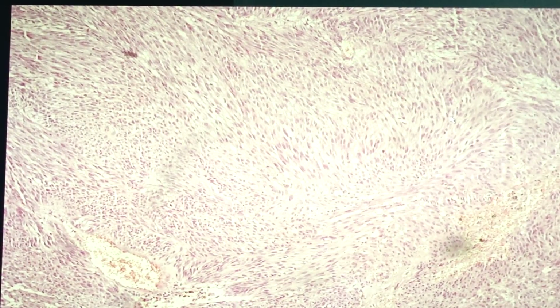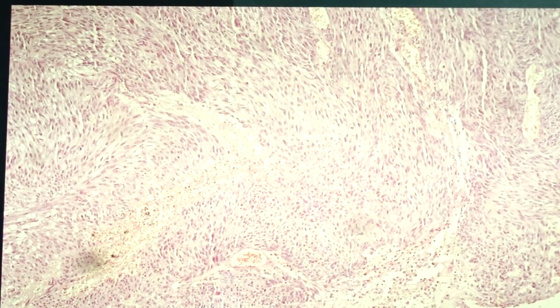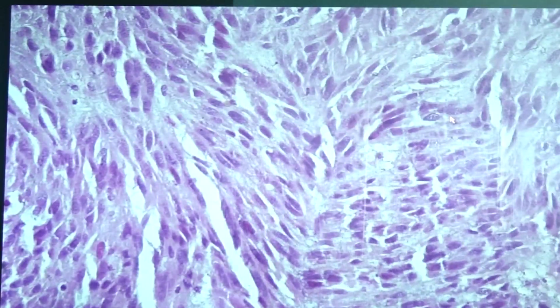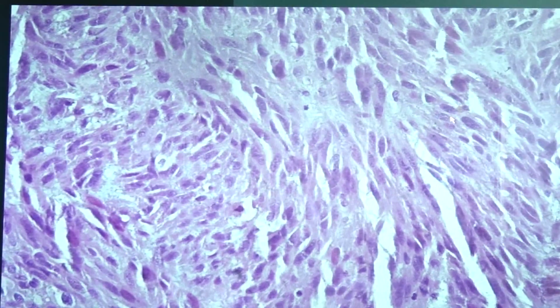But if you look at the high power magnification, you see the cells have darker chromatin. They are enlarged. You have the presence of mitosis. Let's try to see other mitotic figures.